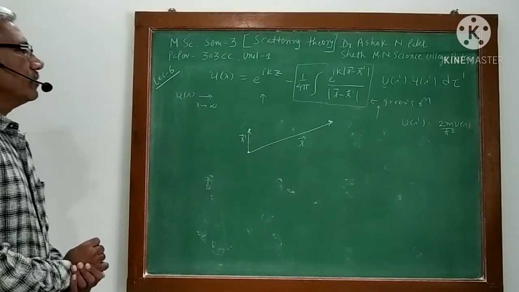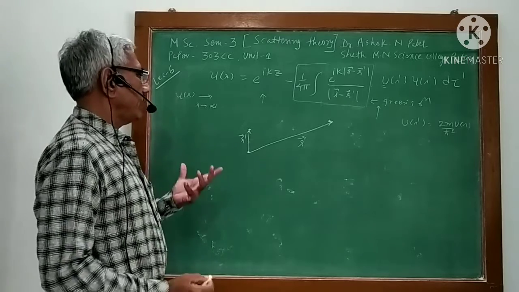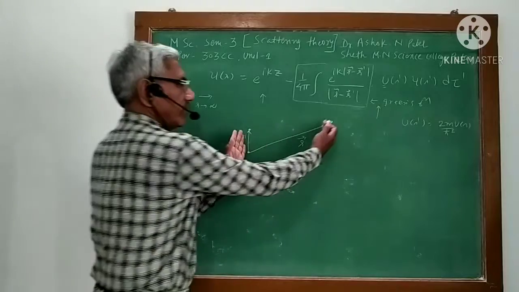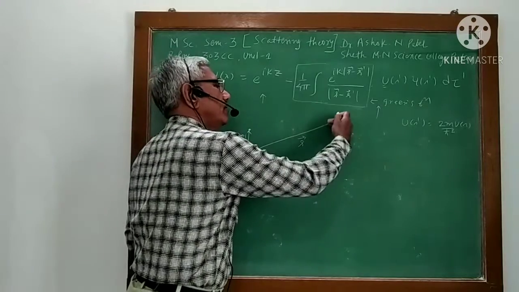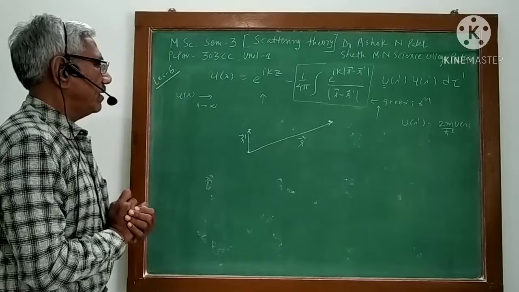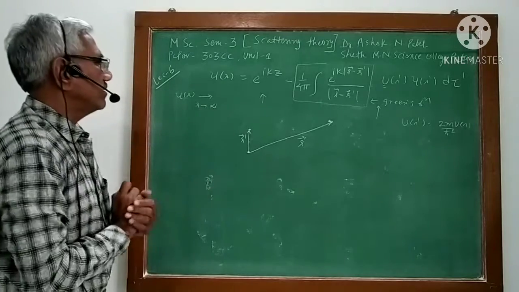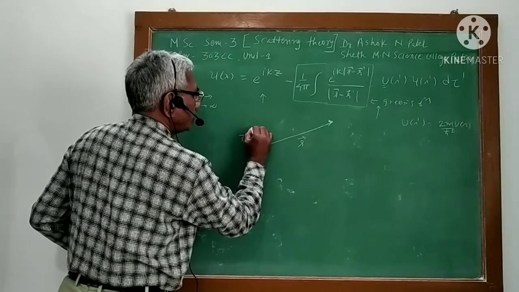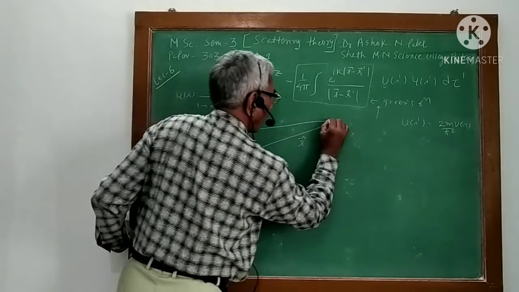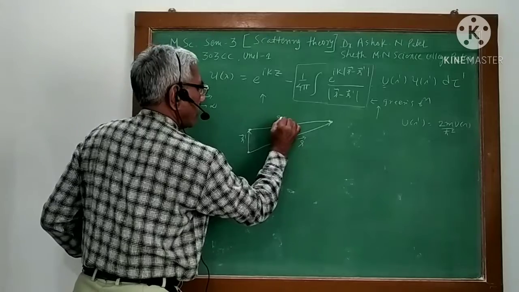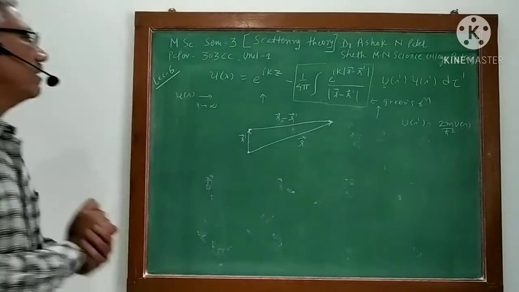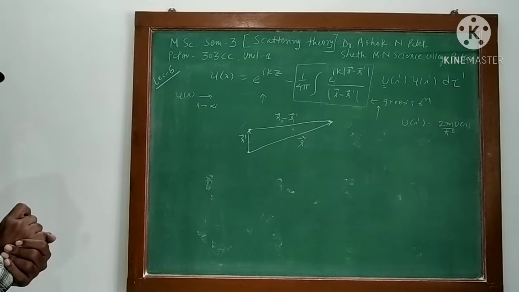Now if my r is very large, and you assume that this point is very far, and this is r dash, then what will be the distance between this point and this? That is nothing but |r minus r dash|.